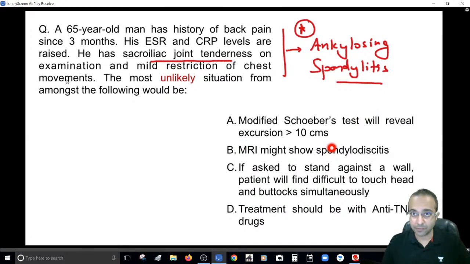This is incorrect concerning ankylosing spondylitis. Or if you ask this patient to stand against a wall, he'll find it difficult to touch the head and the buttocks simultaneously. This is incorrect. Or treatment should be with the anti-TNF drugs, tumor necrosis factor alpha drugs, infliximab, etanercept. This is incorrect. So guys, please submit your choices.